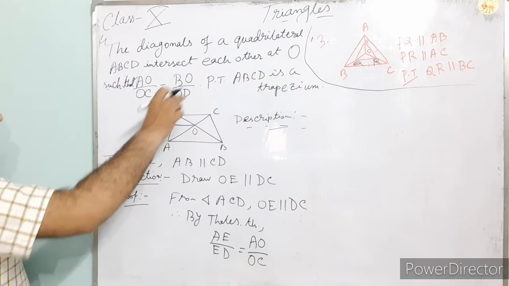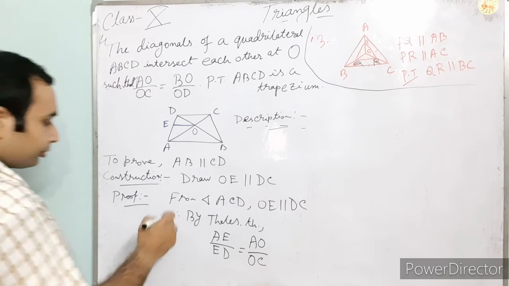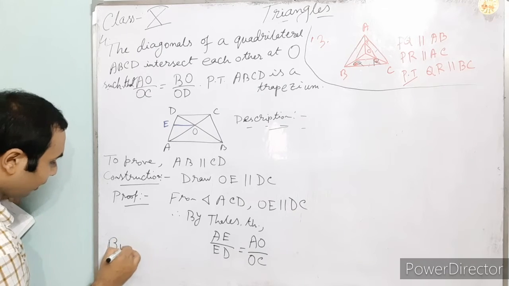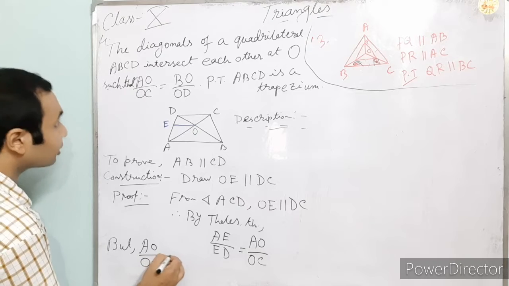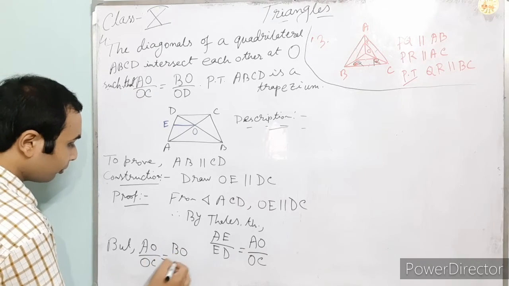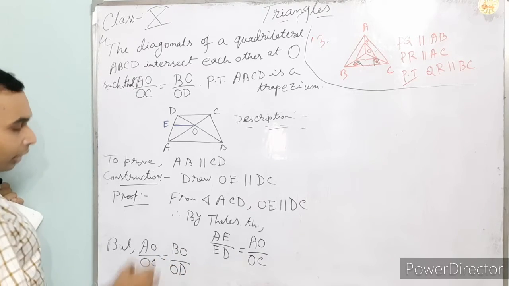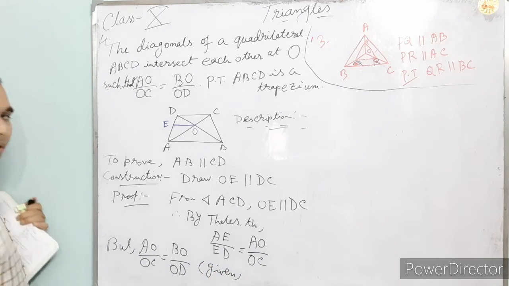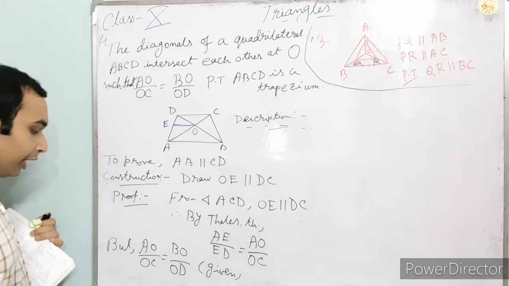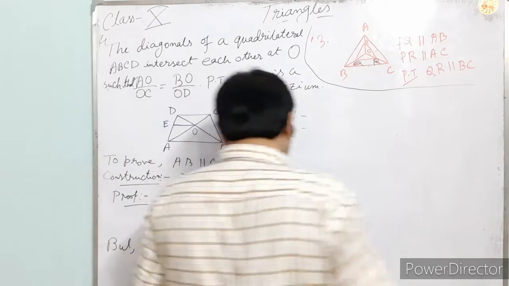Okay, AO by OC. But AO by OC equals BO by OD. From where are we getting this? It is given. This ratio is given: AO by OC equals BO by OD.